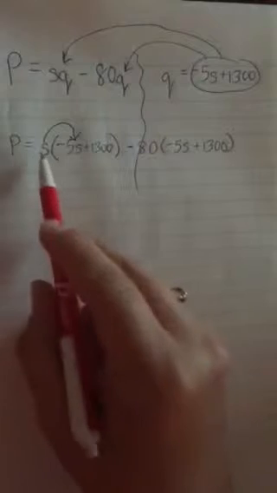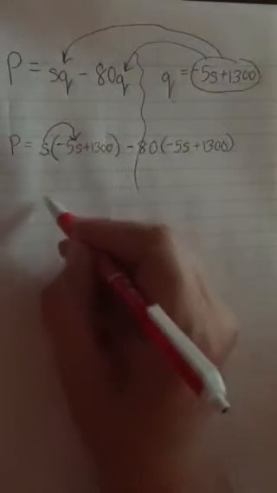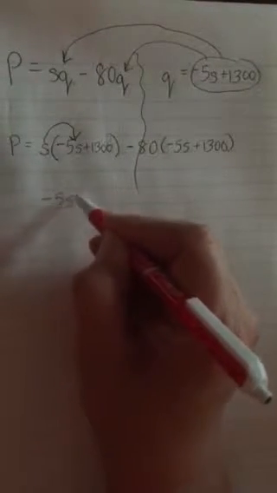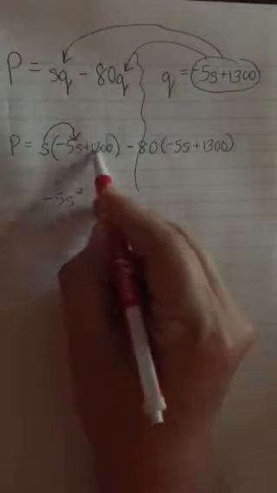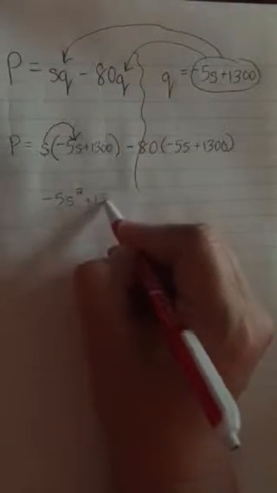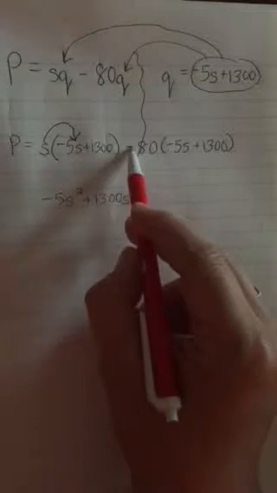Alrighty, now our goal is to simplify this, and so we are going to have to multiply this monomial to this binomial, and this is something that you should have learned from some of the previous units. S times negative 5s is negative 5s squared, and then we're just going to multiply s to that, so that'll be plus 1300s. Now don't forget that 80 has a minus sign next to it, so we want to consider this a negative.